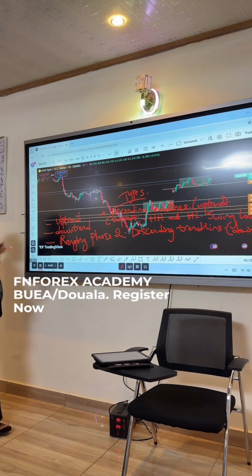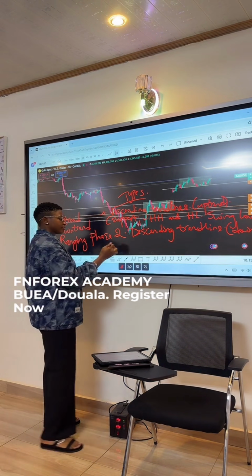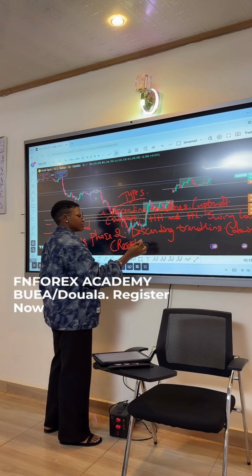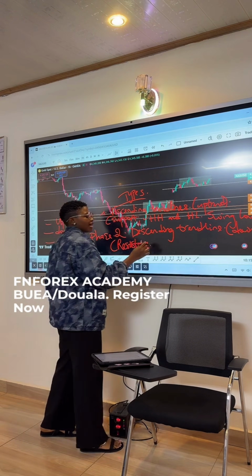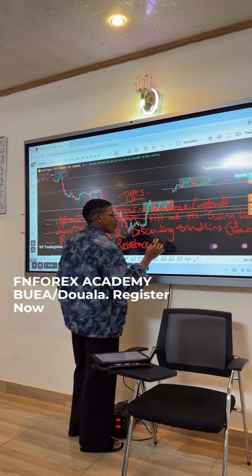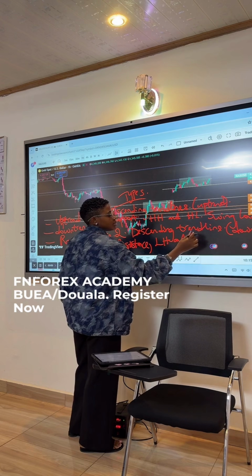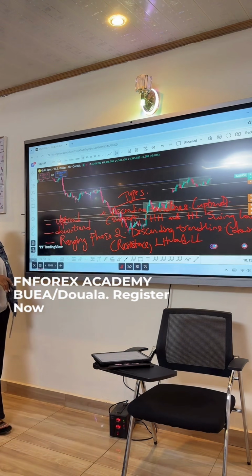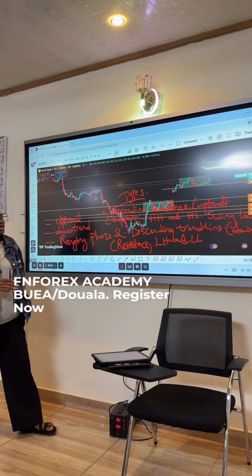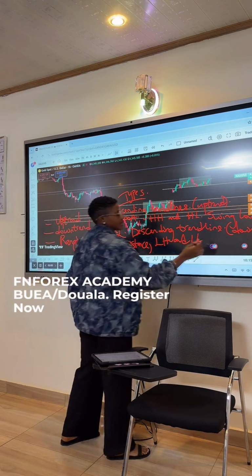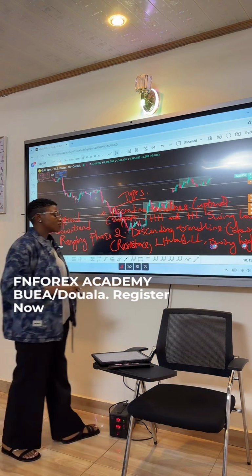Descending trend lines act as resistance, connecting lower highs and lower lows, starting from a swing high.